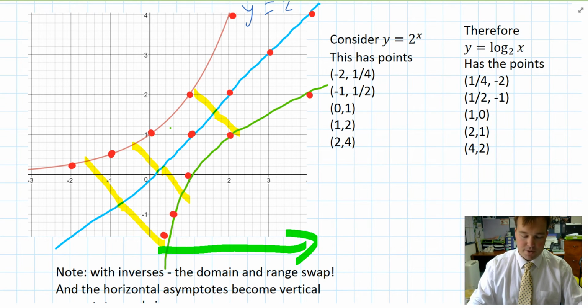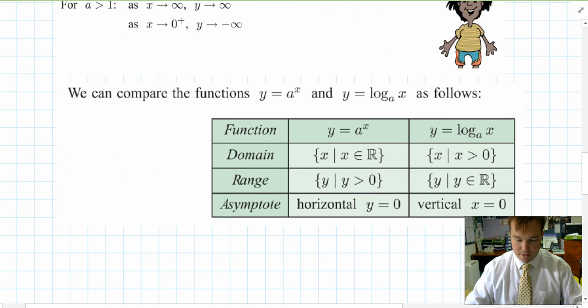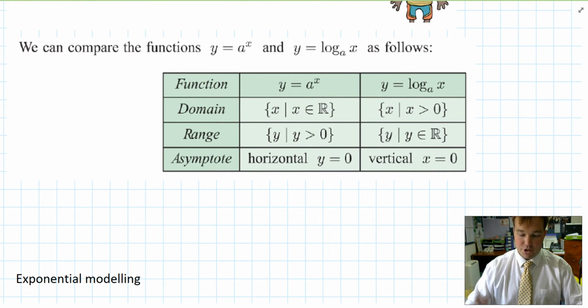Originally, with y equals 2 to the x, we had a real domain. Now, we have a real range. Originally, we had a y equals 0 horizontal asymptote. Now, we have an x equals 0 vertical asymptote. Essentially, domain and range switched, x and y in all cases.